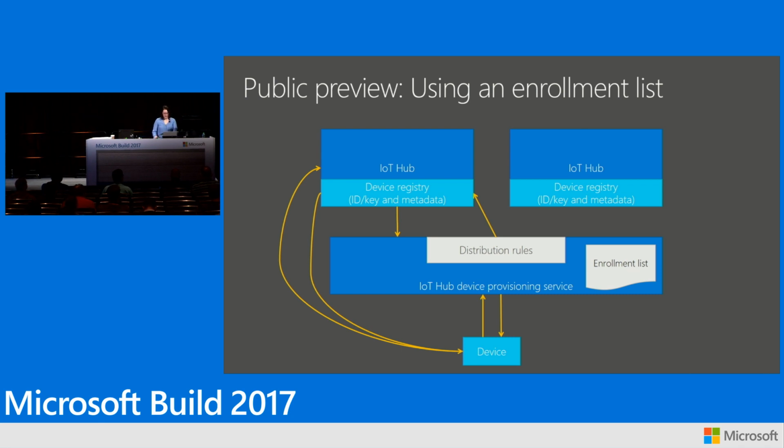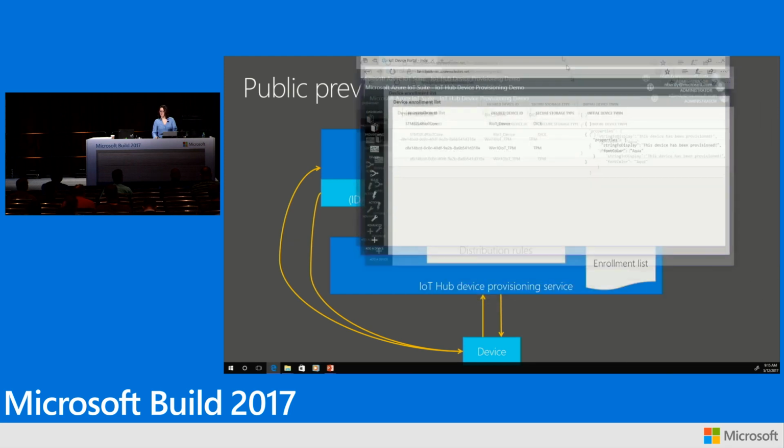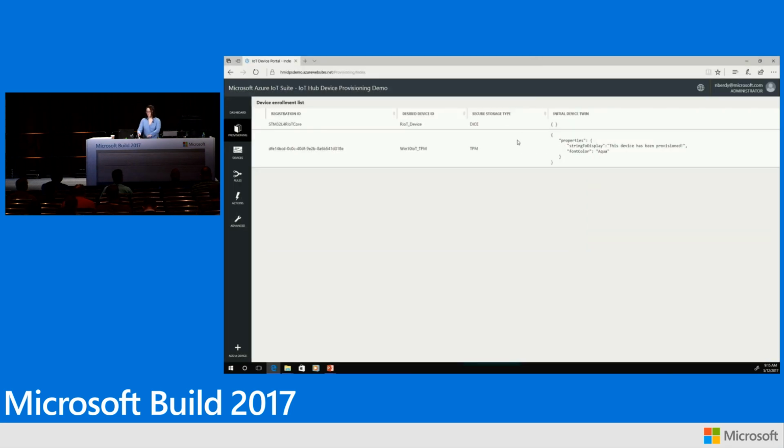And before I do that, I want to explain a little about the demo I'm about to do. So here is the device. I've got a video so you don't have to squint. It's a Raspberry Pi because it's got a screen. And this one's using a TPM on the back, which is just a little hardware chip. And what I've done is in the portal I have set up, here is the device.